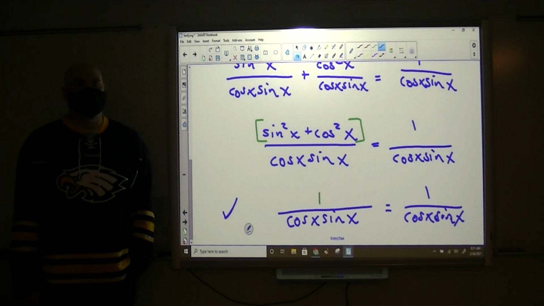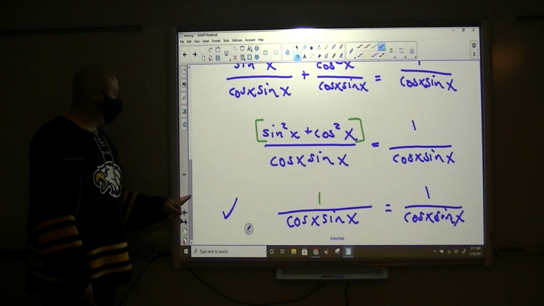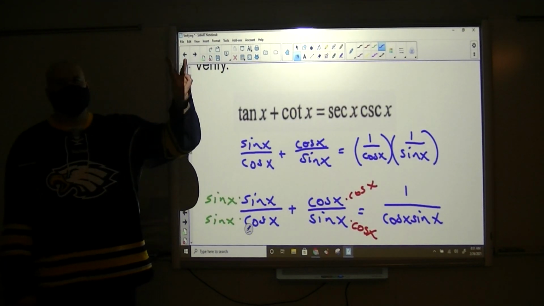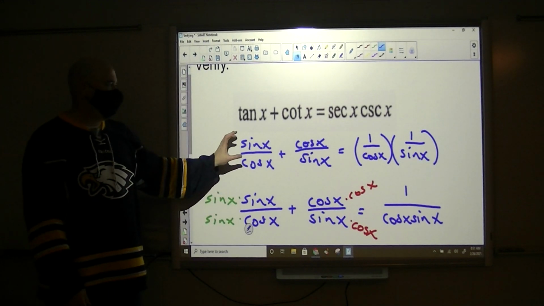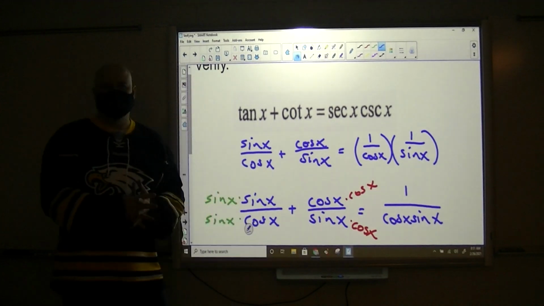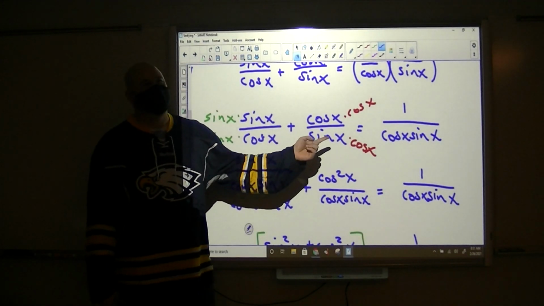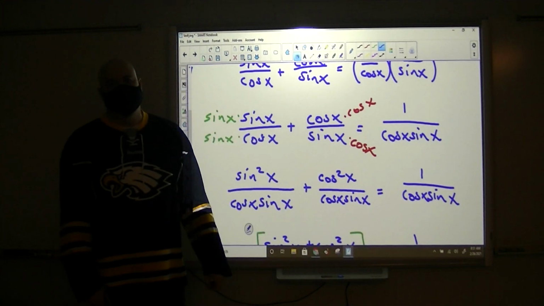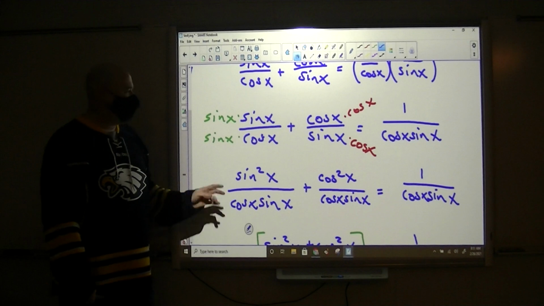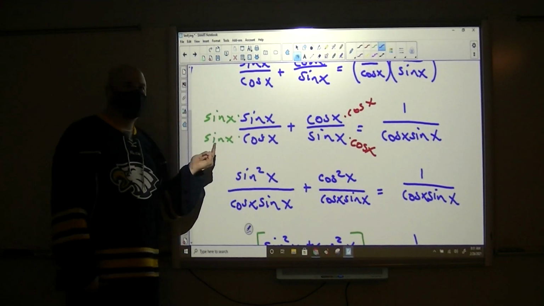So it took a little bit of work to get here, right? But let's run through it one more time. No squared terms, no fractions, no factoring. So we write everything in terms of sine and cosine, and then we cleaned that up by multiplying those fractions. Then we looked at this and we said, I got two fractions here and one fraction there. If I want the two fractions to look like one fraction, I got to put them together. So we found a common denominator by multiplying denominators together.